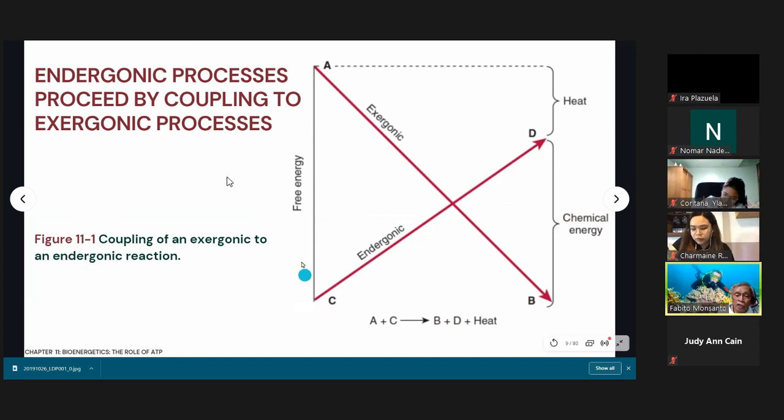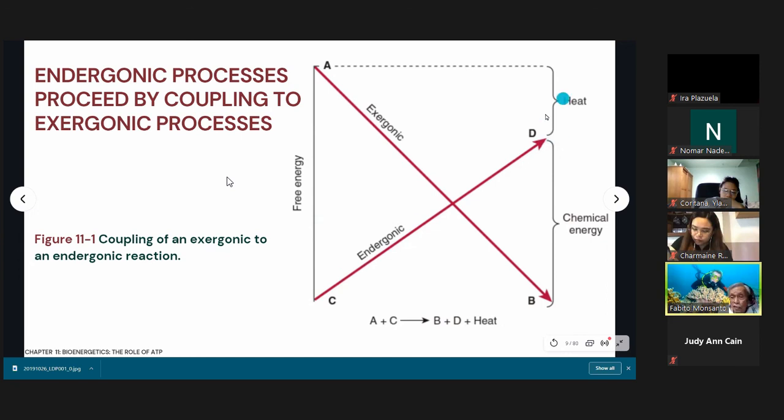So in our cells, endergonic reactions are coupled to exergonic reactions. Exergonic reactions release energy and the energy is used for the endergonic reaction to occur.